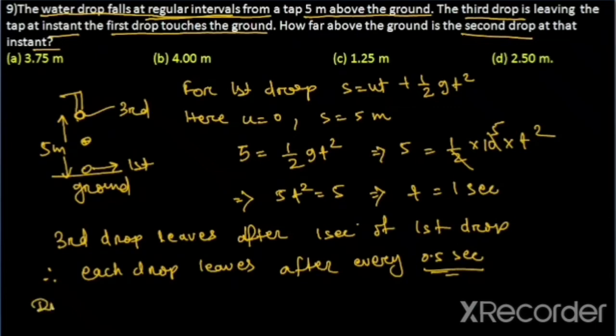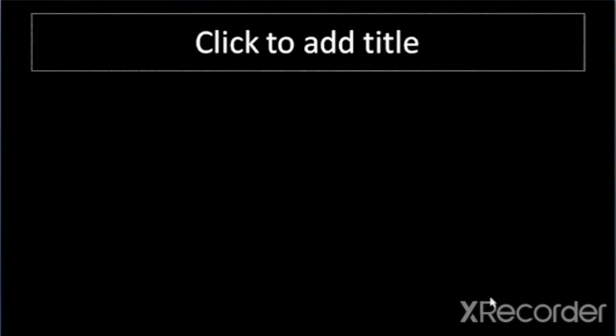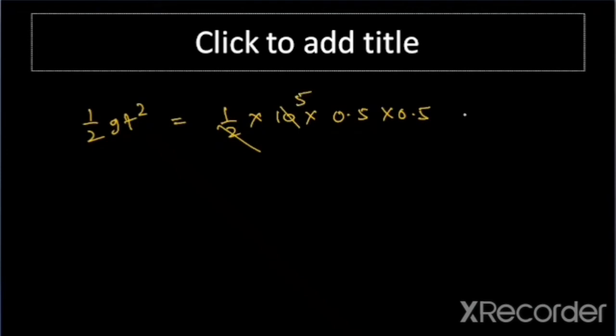So now distance covered by second drop in 0.5 second is half gt square, that is equal to 1 by 2 into 10 into 0.5 into 0.5. 2 fives are 10, and 0.5 times 0.5 is 0.25, into 5, that will become 1.25 meter.